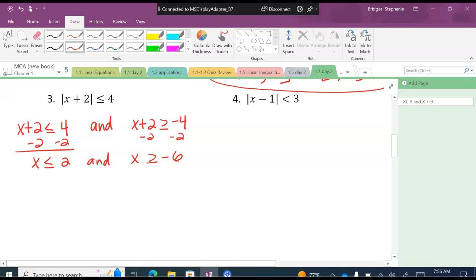Represent where each one is true, decide where they are both true at the same time, shade there, and write your interval notation from that.